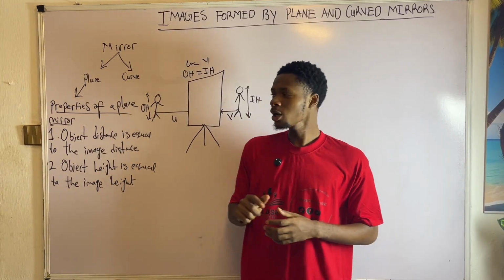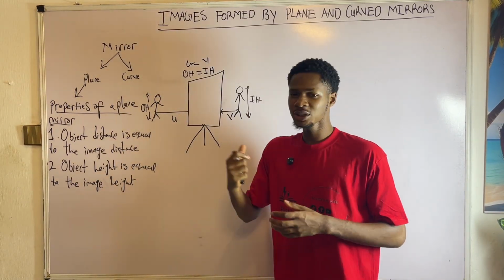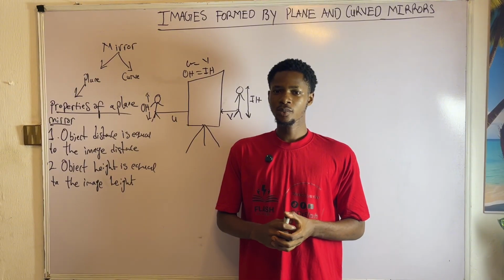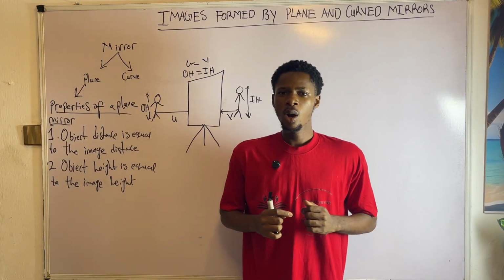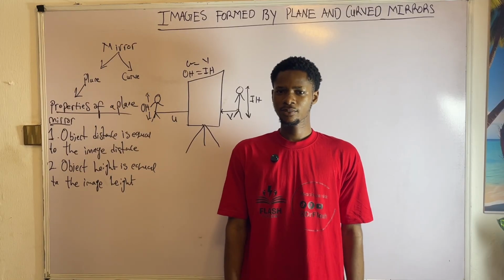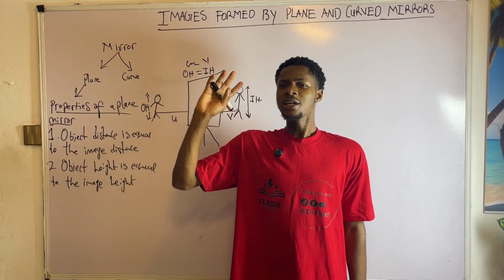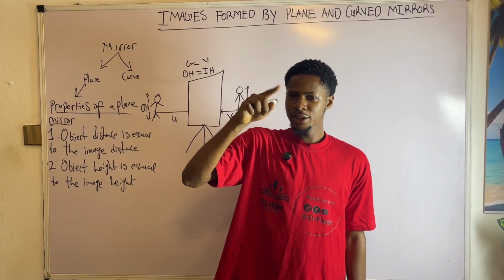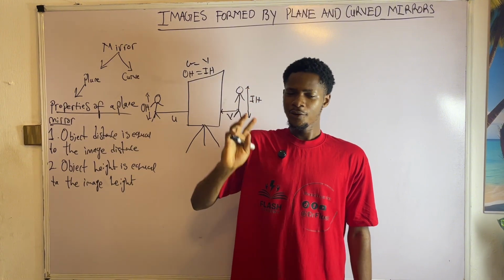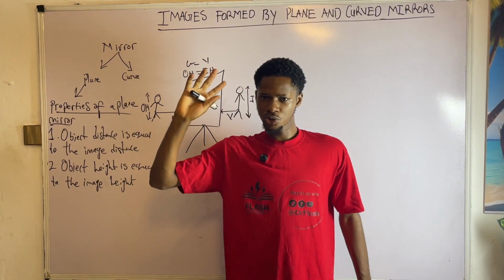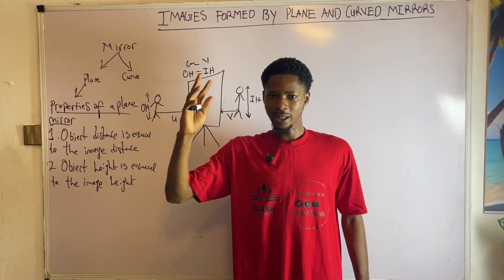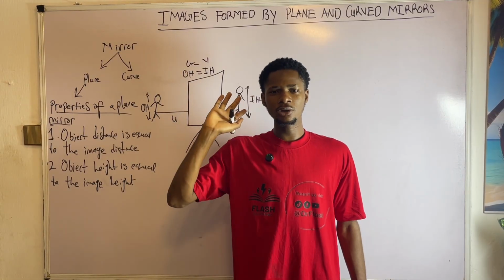Take note. Another thing you notice about standing in front of a plane mirror is that the image is laterally inverted. But what is laterally inverted? When you are standing in front of a mirror like this, if you raise up your right hand, since you and the image inside the mirror are exactly the same, that image is supposed to raise its own right hand, right?